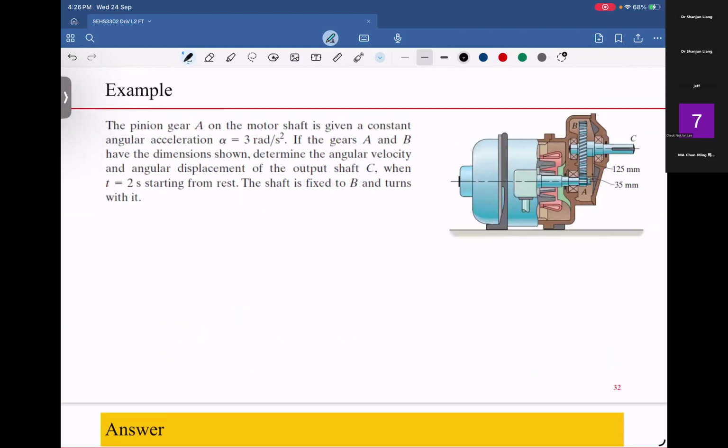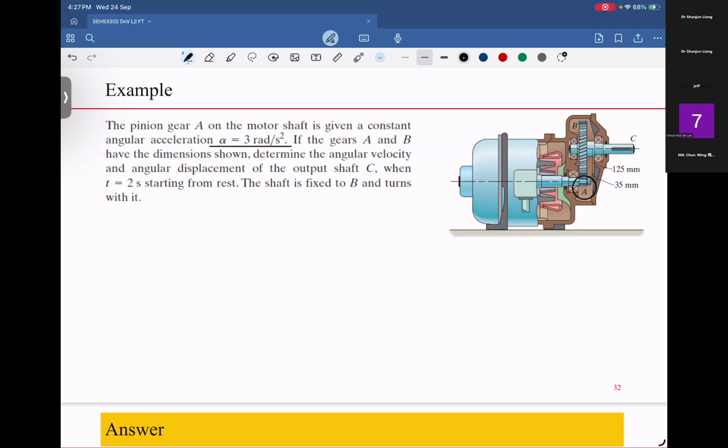So we have a motor, right? And the power output is on the shaft C. The pinion gear A is on the motor shaft, with constant angular acceleration alpha.